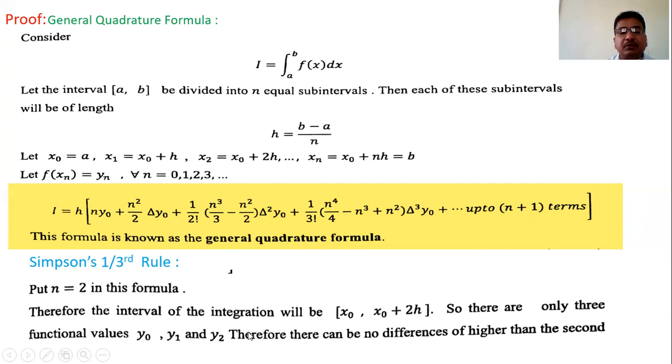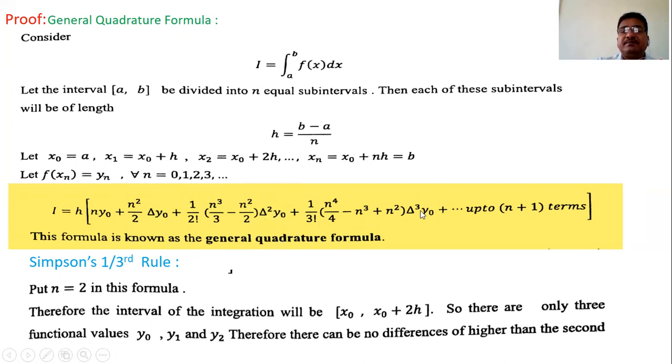And if we prepare the forward difference table, then what is the first column? The first column is the values of x. Then the second column is the values of y, and the third column is delta y. Since there are 3 values of x or y, delta y contains 2 values, and delta square y contains only 1 value.